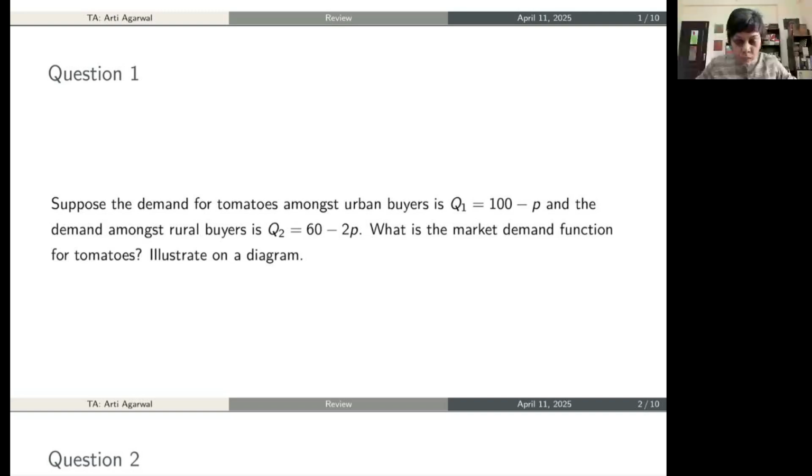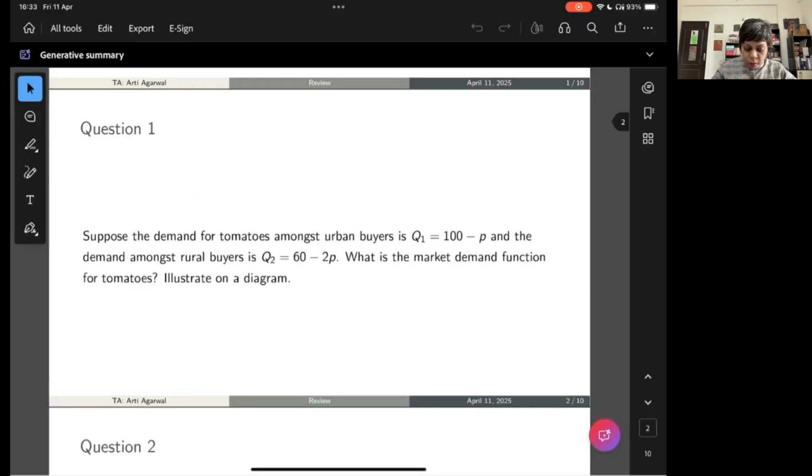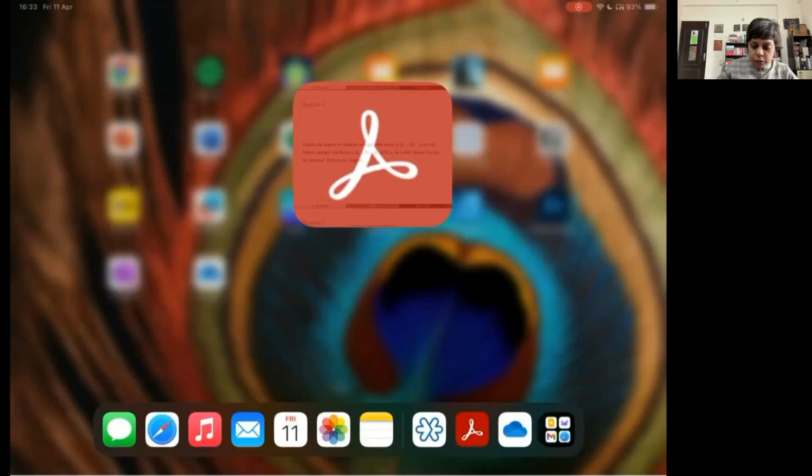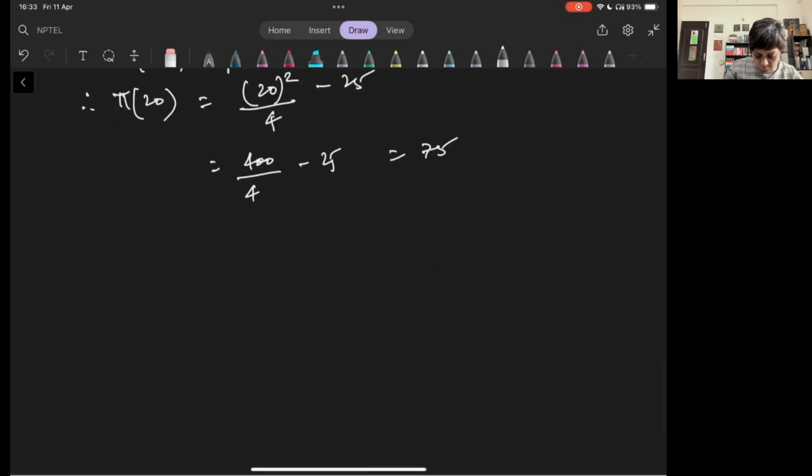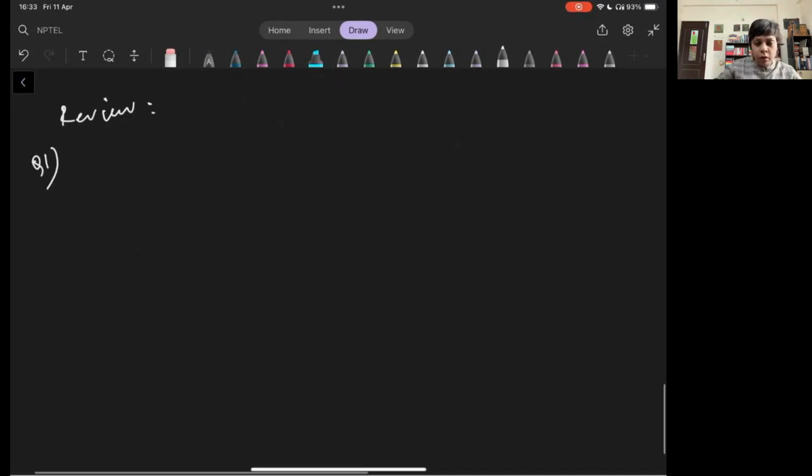Okay, so did you attempt this? Yes, madam. So let's solve this question now. The question is saying that there are two types of buyers, urban and rural.